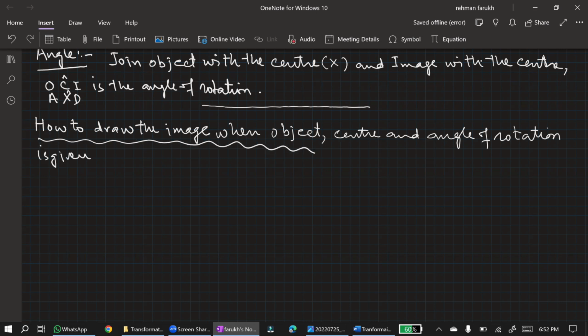Now, we want to draw the image when object, center, and angle of rotation are given.